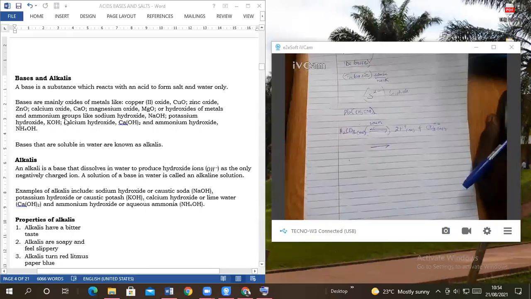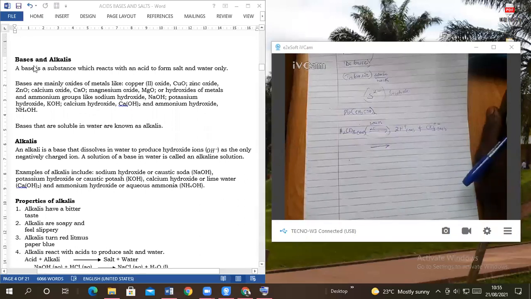We are going to look at bases and alkalis. All these fall under the same category. A base is a substance which reacts with an acid to form salt and water.